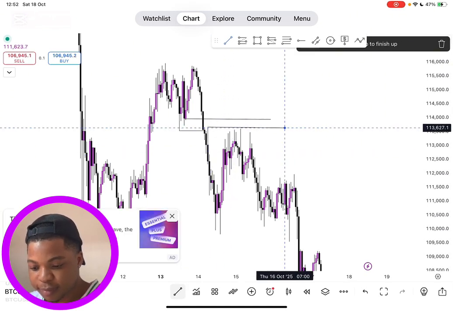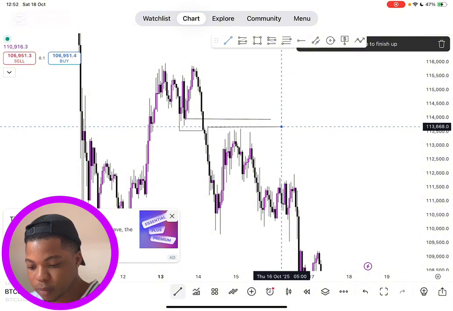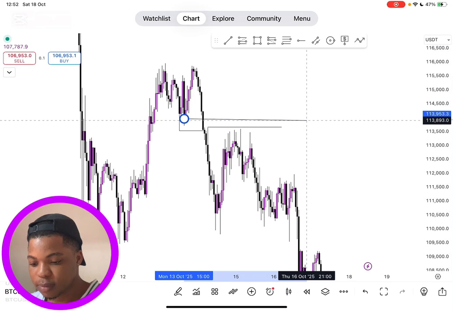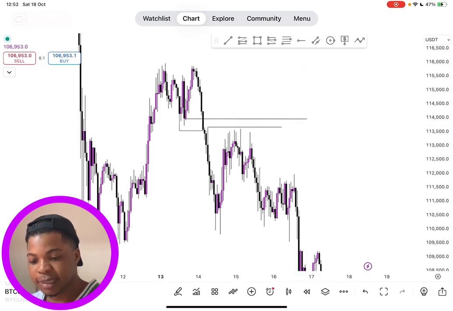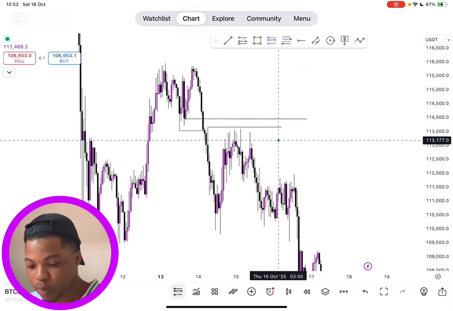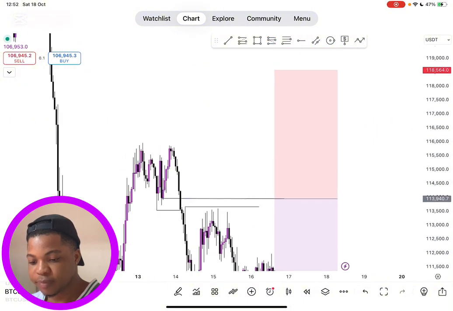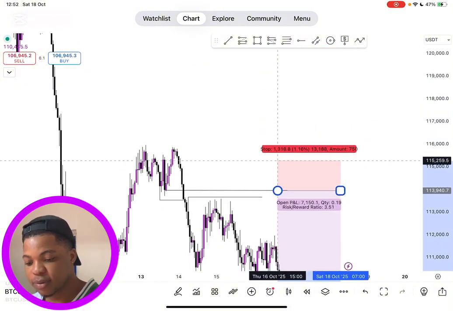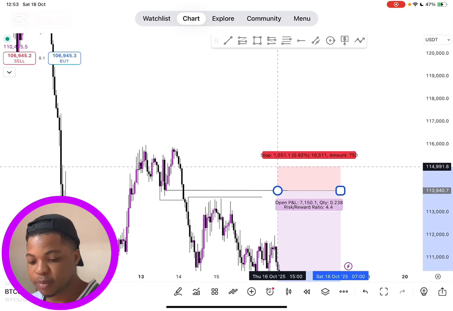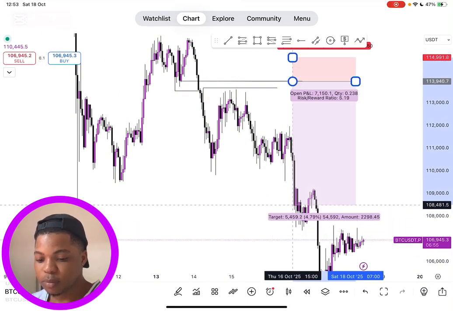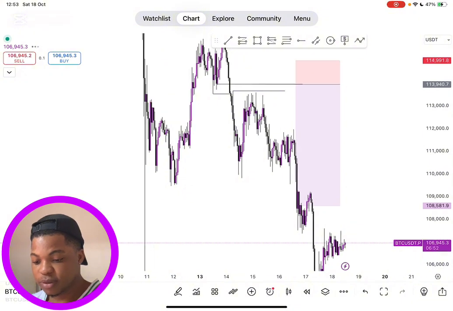There's a liquidity here. So I was expecting a sell from here within the week, and market did not come to trigger it. I was going to sell from here, my stop loss somewhere there, aiming for 1:5. Market did not come to trigger it.